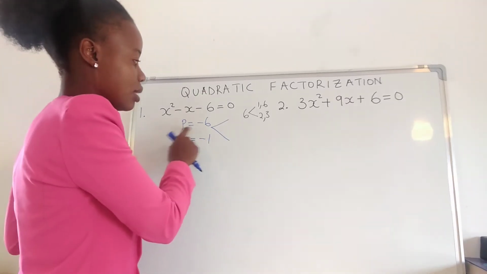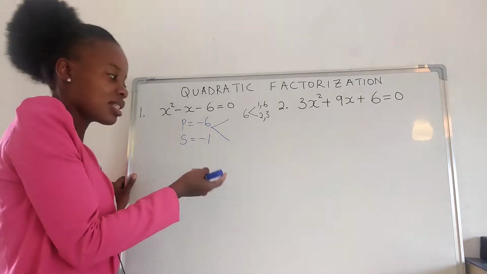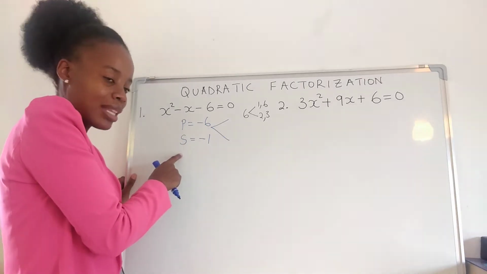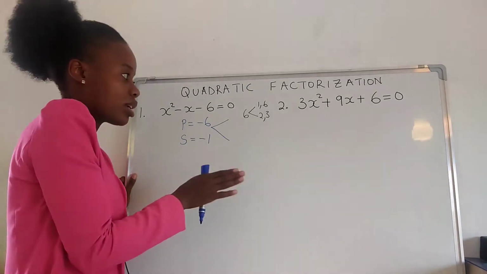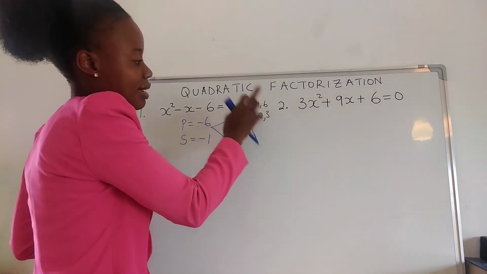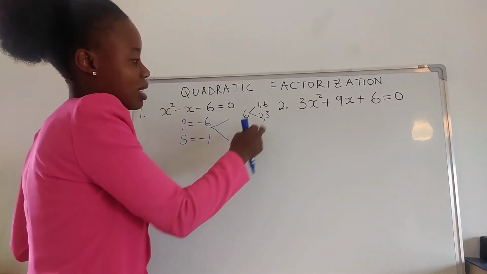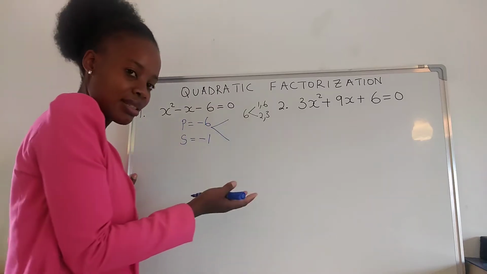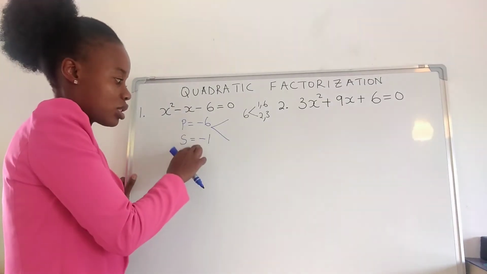When we multiply them, they give us negative 6, but when we subtract or add them, they don't give us negative 1. Even 6 times negative 1 is negative 6, but 6 minus 1 is 5, which is not negative 1.